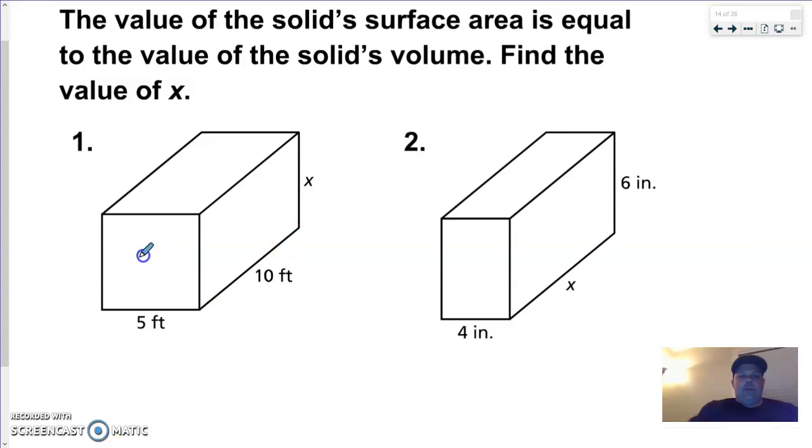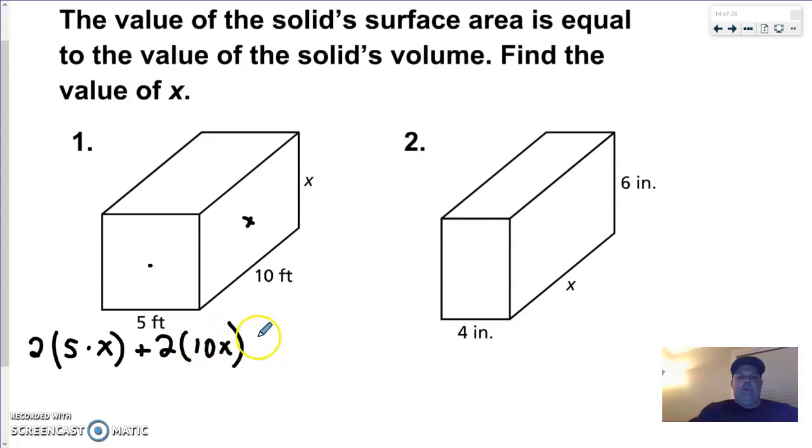So, for example, right here on this one, I have a 2 of them, because I have one in the front and one in the back, times 5 times x. Right here, I have 10 times x, so I have plus 2 times 10x.